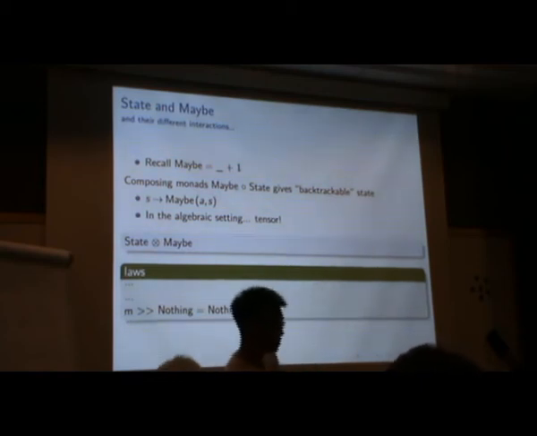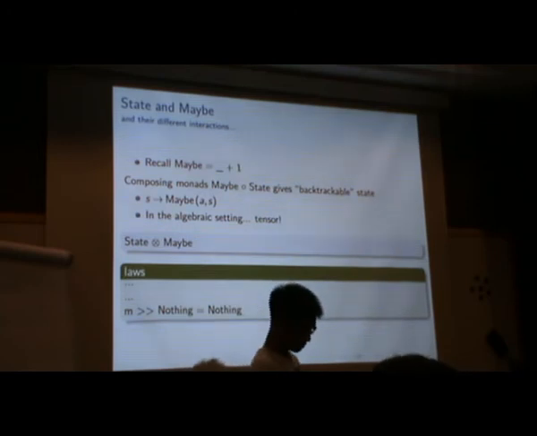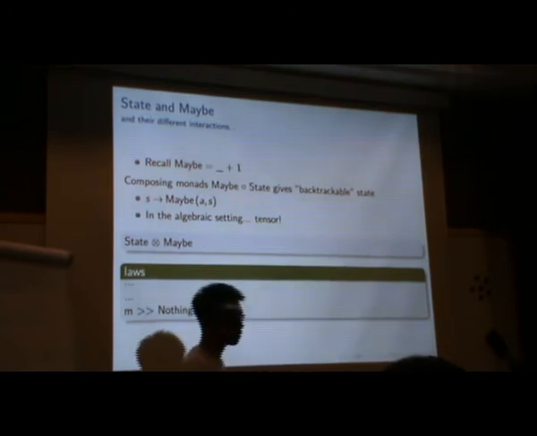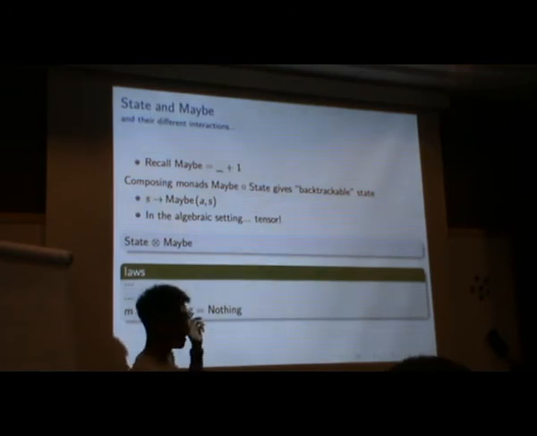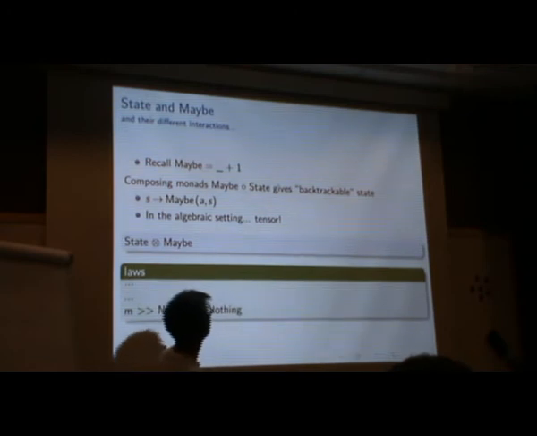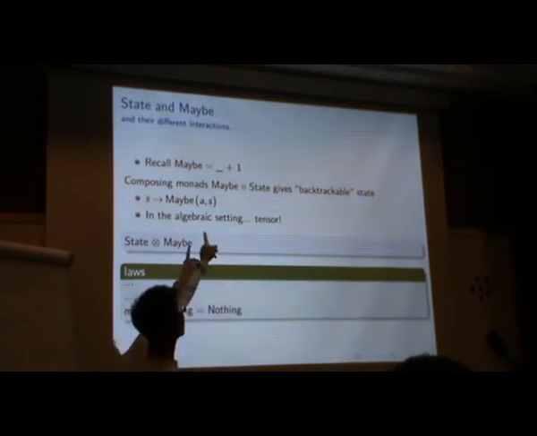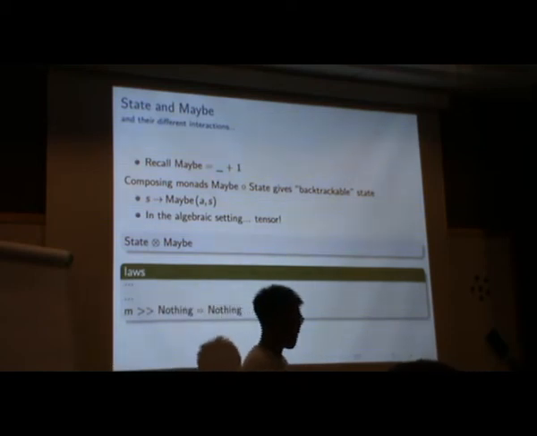Okay, let's look at another example, which is also quite sort of statey, and I will ask you to recall the maybe monad, which I perhaps should have called. So usually it's called nothing, so nothing for one and just for the underscore.